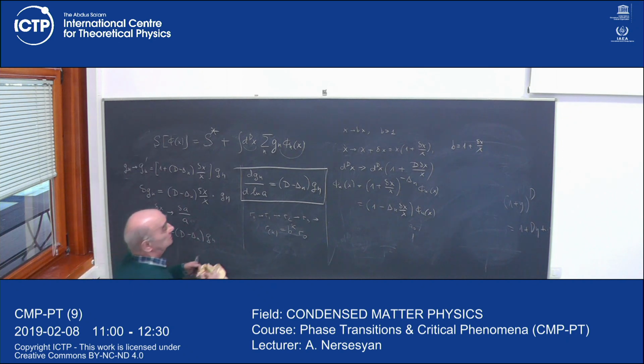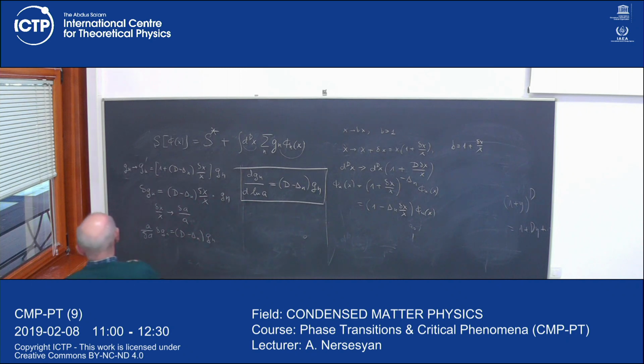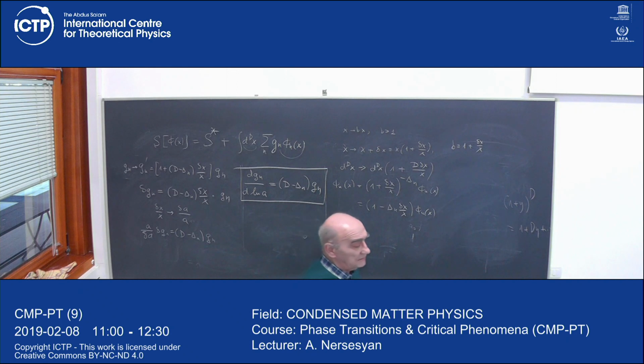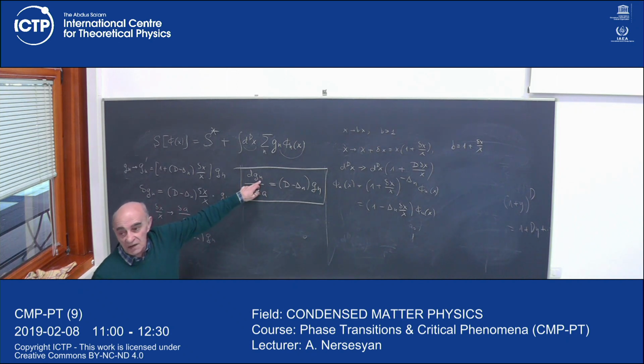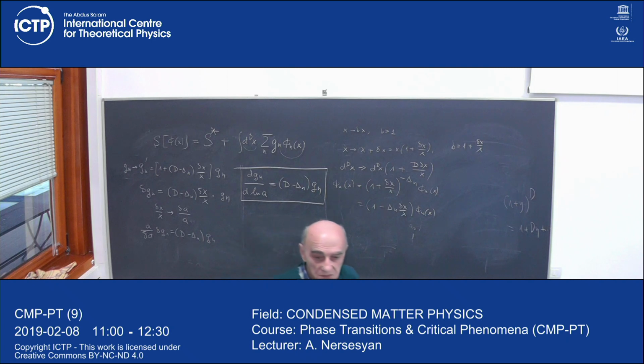Now, this is not the most general form of these RG equations. First of all, the question number one is, how do I know, in case I have many coupling constants, that the equation for the given coupling constant is closed? Why does the right-hand side not depend on some other coupling constant?